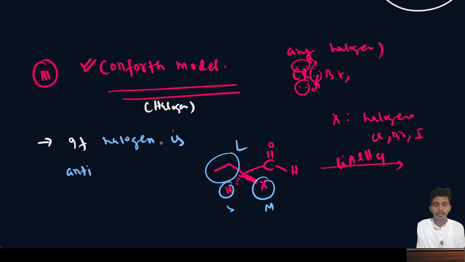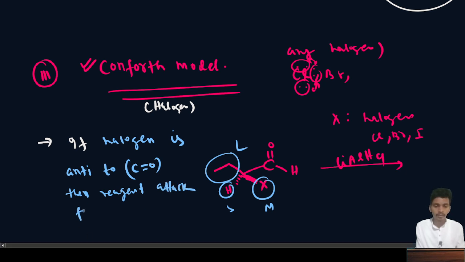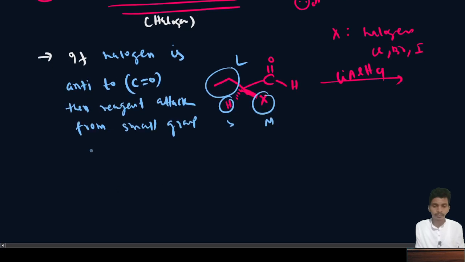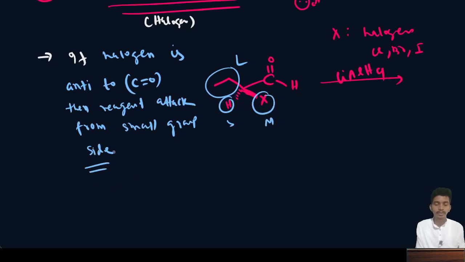If the halogen is anti to the carbonyl group, then the incoming reagent will attack from the small group side. This is what the Cornforth model says: the halogen has to be anti to the carbonyl group, and then the reagent will attack from the small group side.